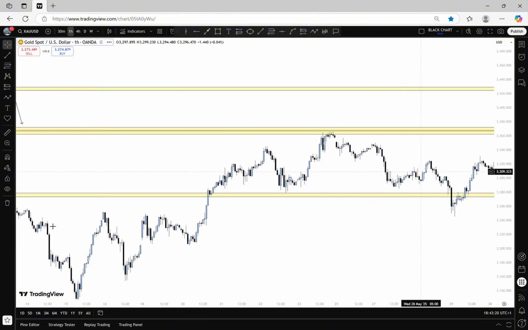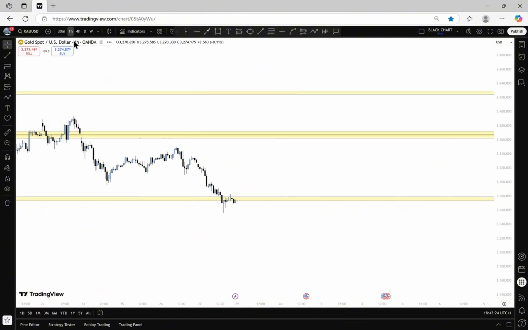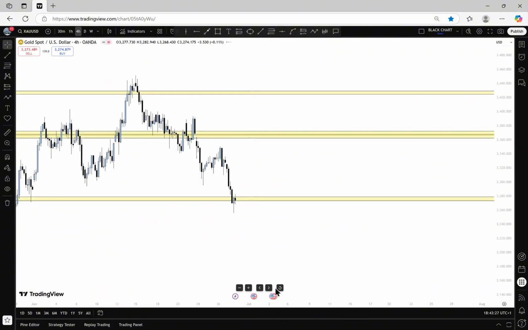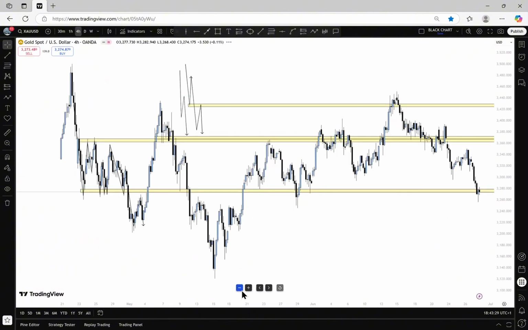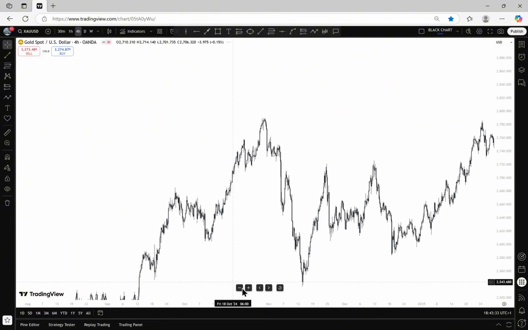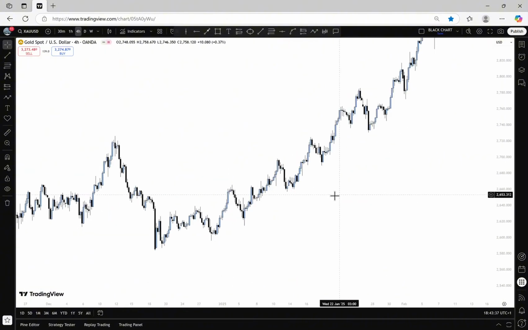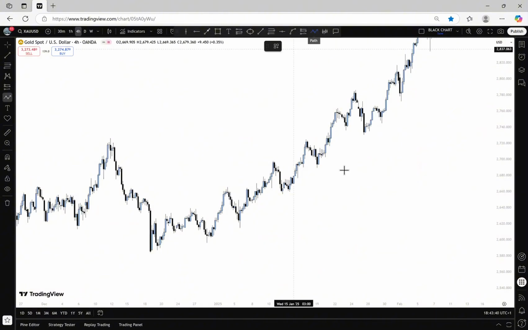So the drawing may look very neat and clean, but trust me, the chart will not be that neat and clean. So now let's go to the first example that we did on the bullish move, right? Whenever price is on a bullish move, price will be giving you a series of higher highs and higher lows, just like we said.